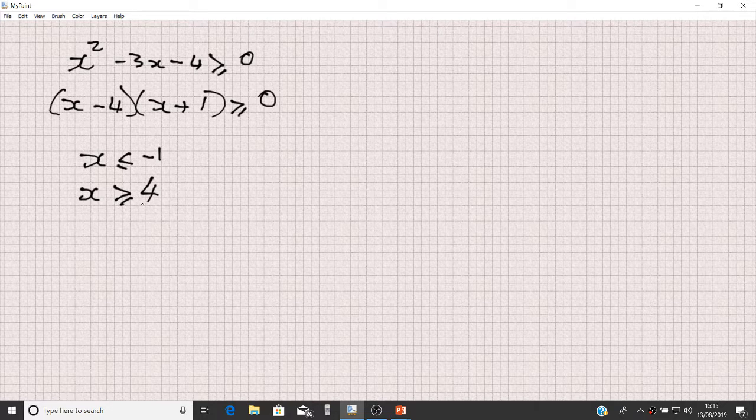I didn't bother sketching this time, we did so in the last couple of examples. So those are the range of values of x that satisfy the quadratic, and our linear inequality was 5x plus 1 is less than 2x minus 8.